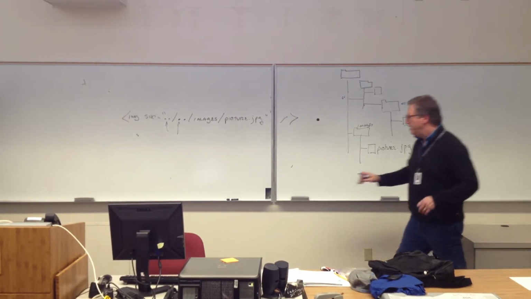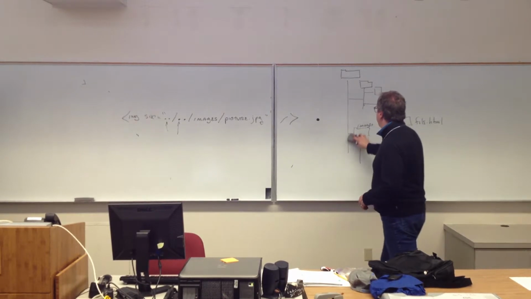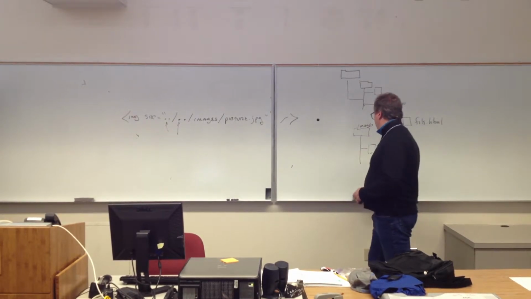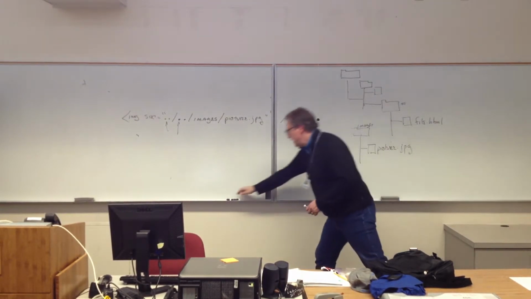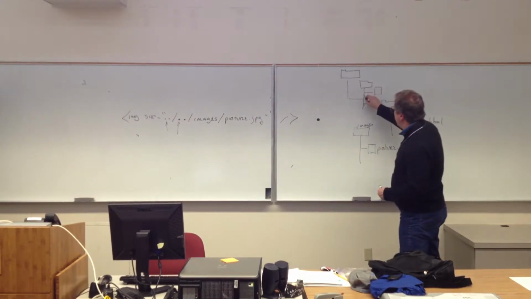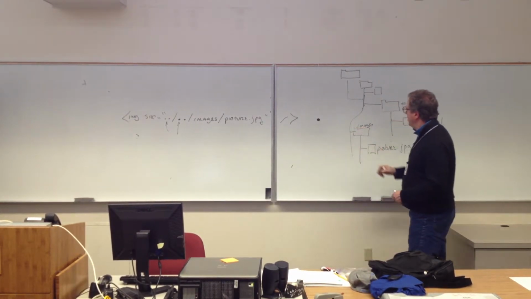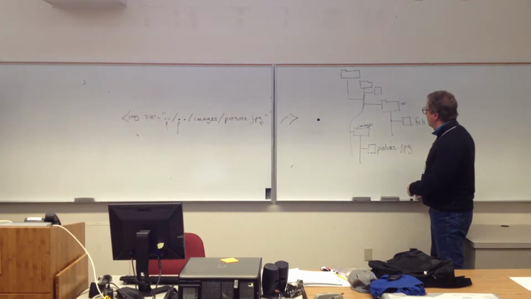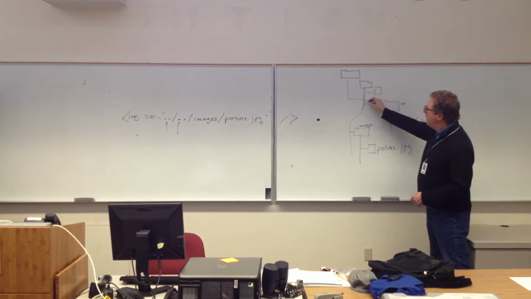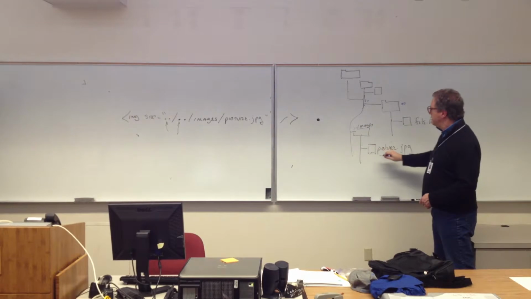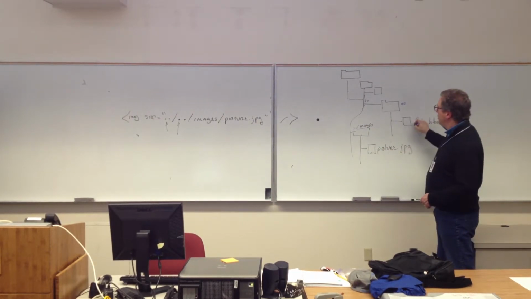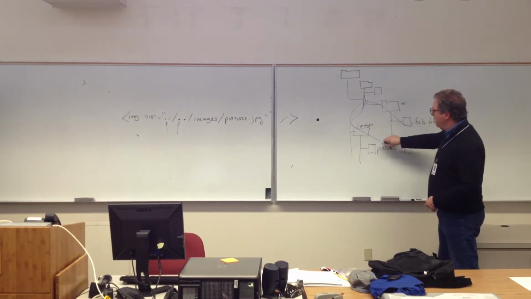This is not here. It should have been. It is here. So I go one dot dot, two dot dots, images, picture.jpg.